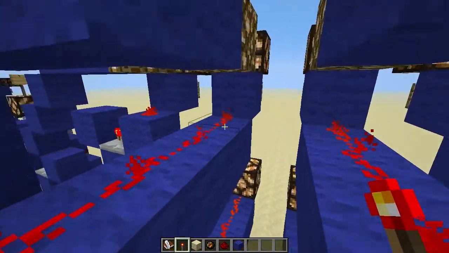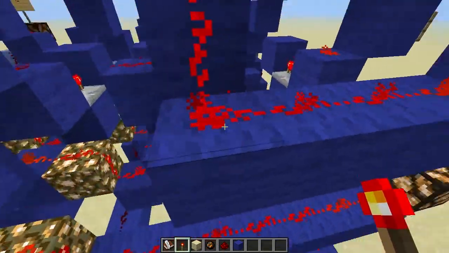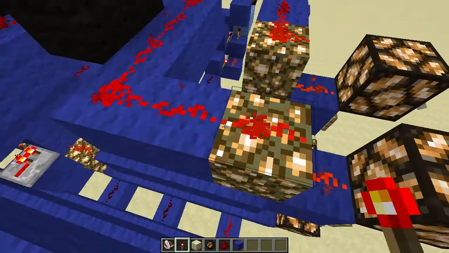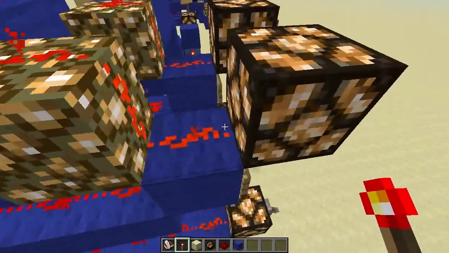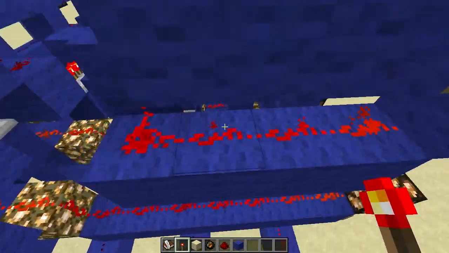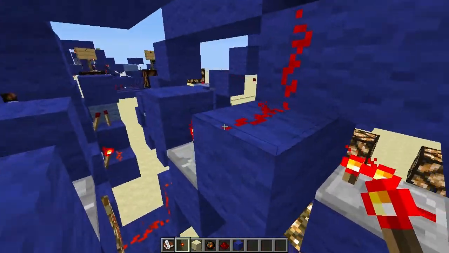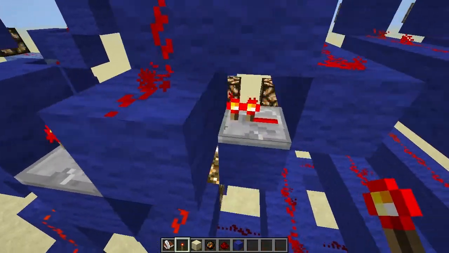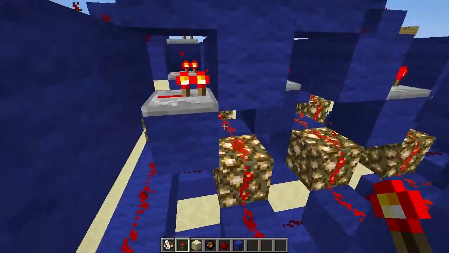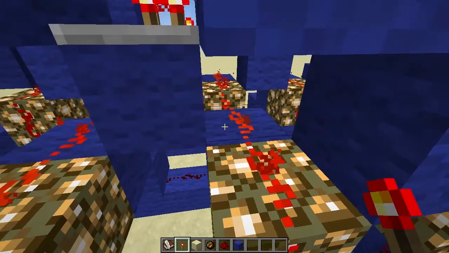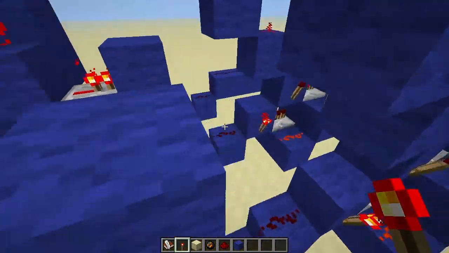So the input for these OR gates is basically the same as on the top bus. So it splits over here, then it turns here and feeds into each OR gate individually. This is pretty simply designed. It's really neat.